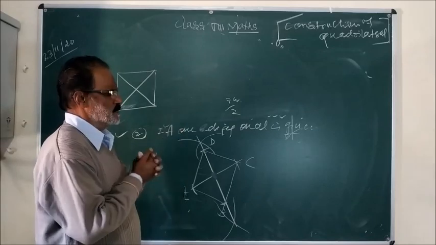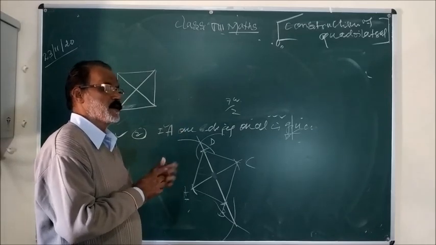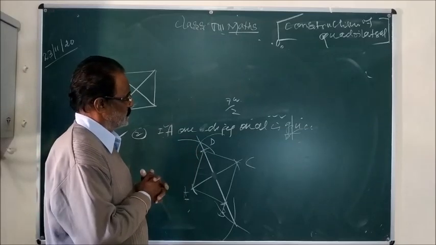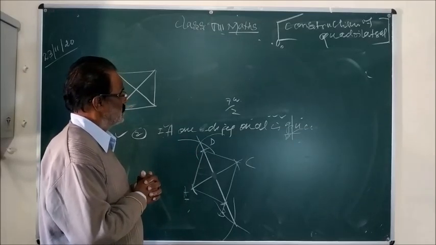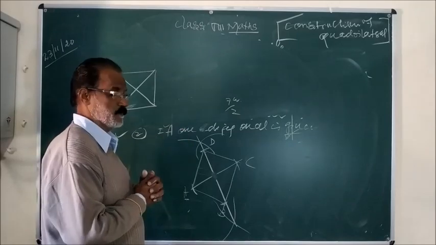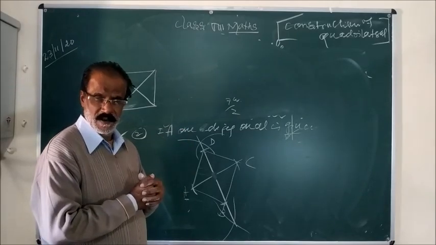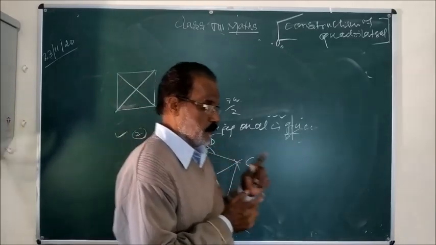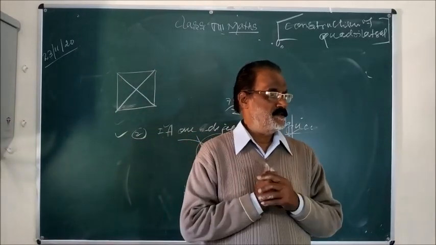Next time I will explain how you will draw a rhombus and a parallelogram. But today you have learned the construction of special types of parallelogram, rectangle and square. So for construction you should know the properties.